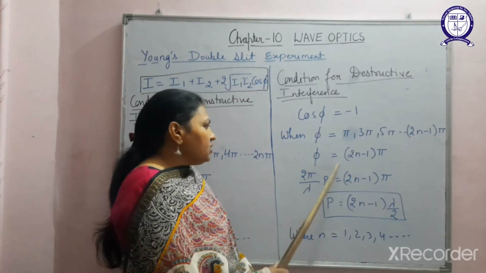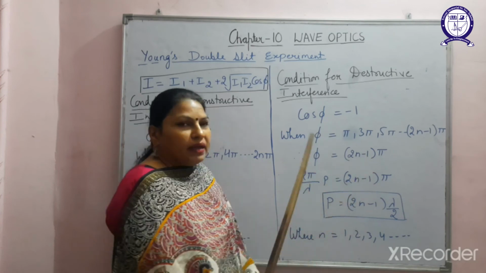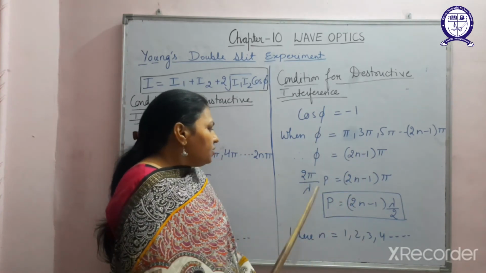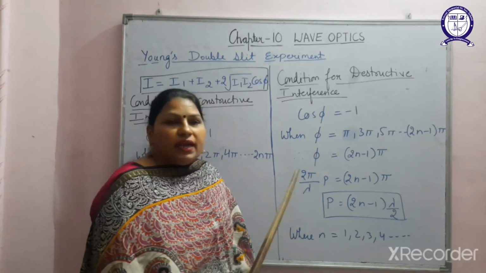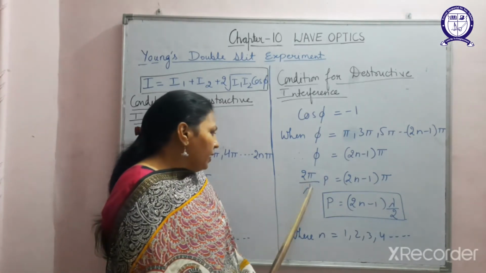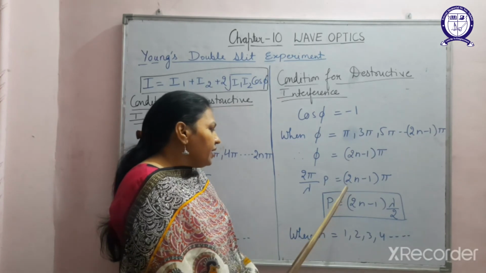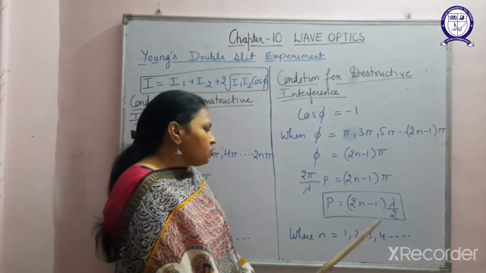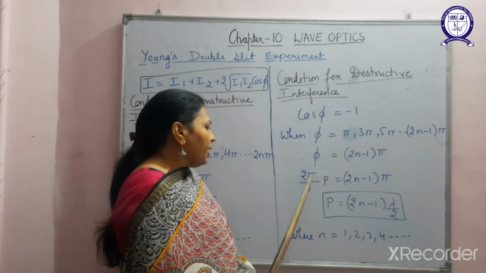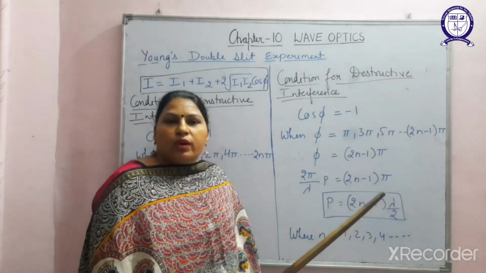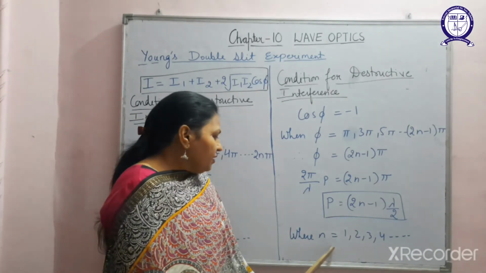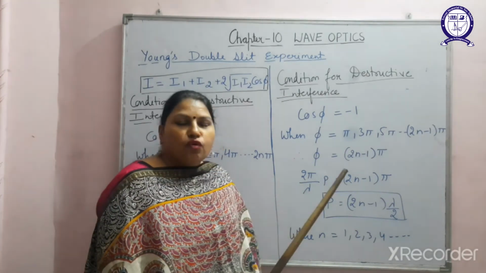Again we can substitute phi is equal to k into p, where k is 2 pi by lambda, so we get p in terms of lambda only. Here pi and pi again get cancelled out, and we have the generalized expression p is equal to 2n minus 1 lambda by 2, where n varies as 1, 2, 3, 4, 5.